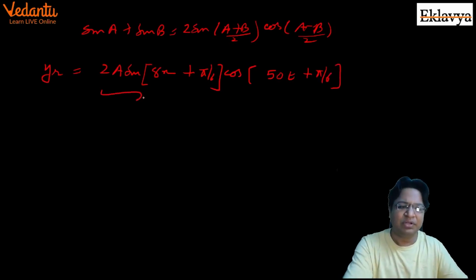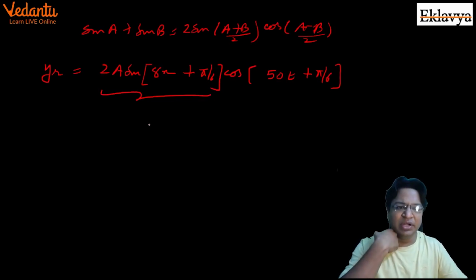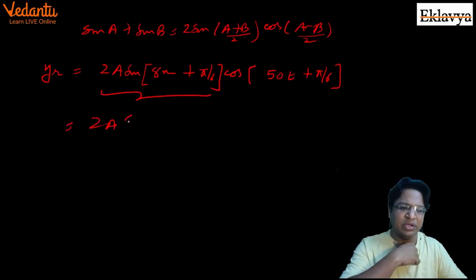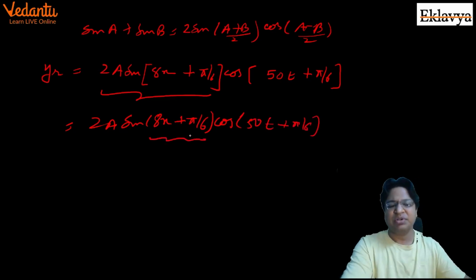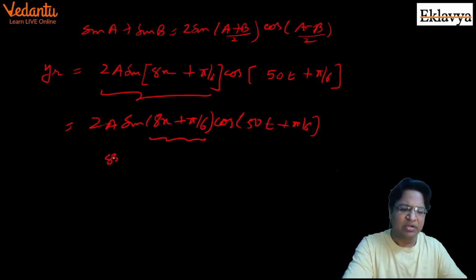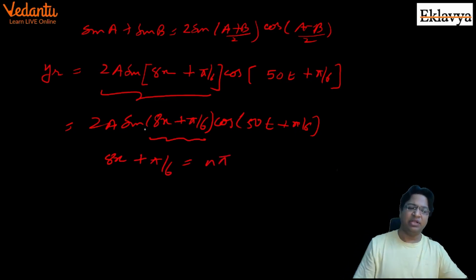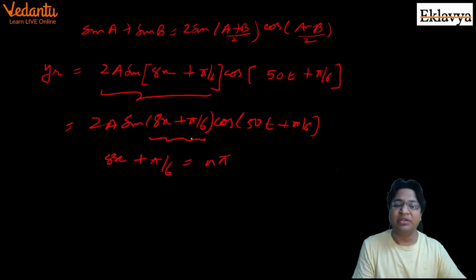Now this part of the equation identifies the position of the nodes. So we end up with 2a sine of 8x plus pi by 6 cos of 50t plus pi by 6. Whenever 8x plus pi by 6 becomes an integer multiple of pi, this becomes 0 and we get the nodes.